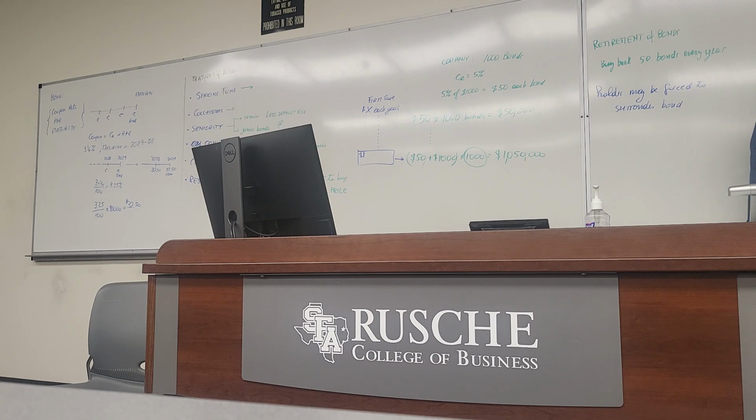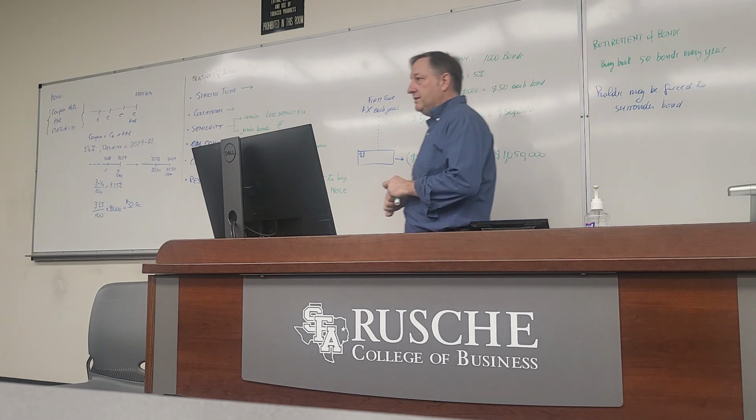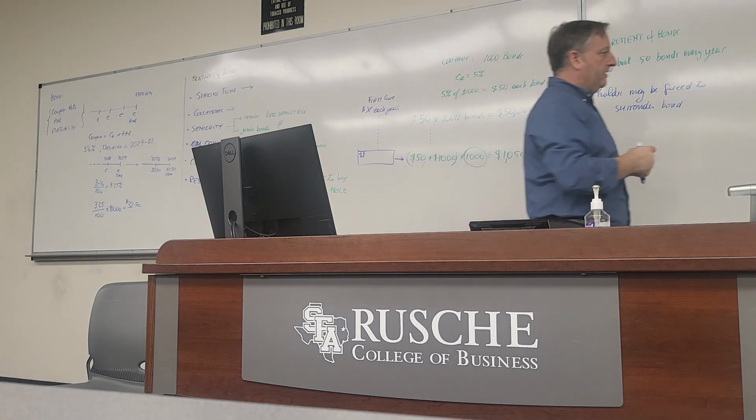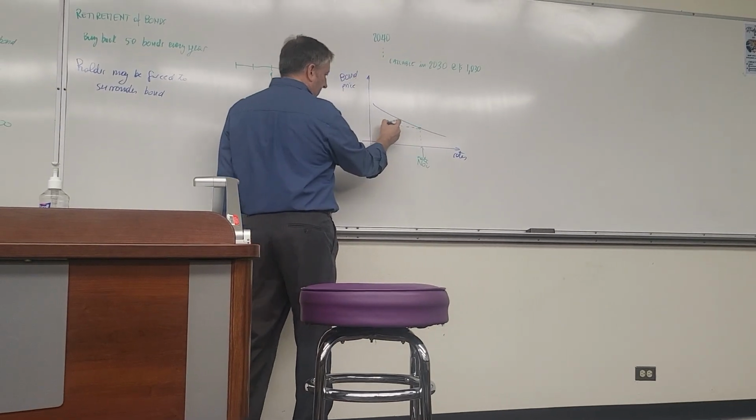So this is the relationship between bond prices and interest rates. Let's suppose that this is the current rate, and the bond should be selling at this price.